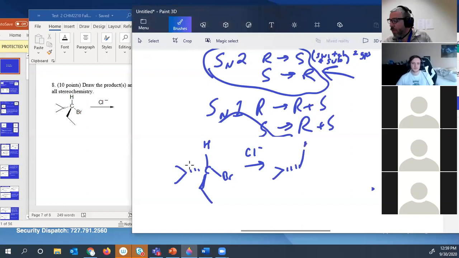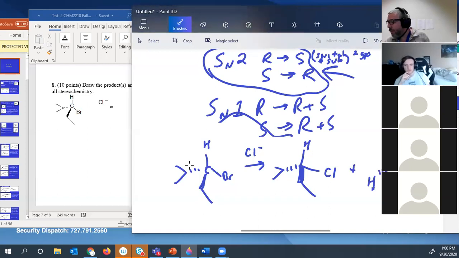I just do what I call a direct replacement, which means I just replace the Br with the Cl directly, which I know will give me the same configuration. Then I know I'm going to get a second product, and this second product is going to have the opposite configuration to the one we just made. And it makes sense when I'm making this opposite configuration to go ahead and do it so that the lowest priority group ends up in the back.